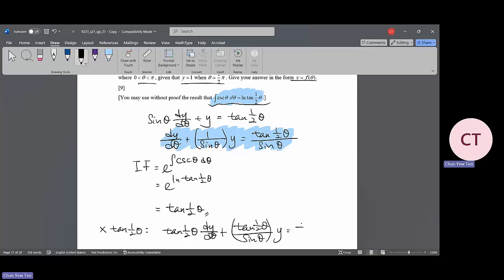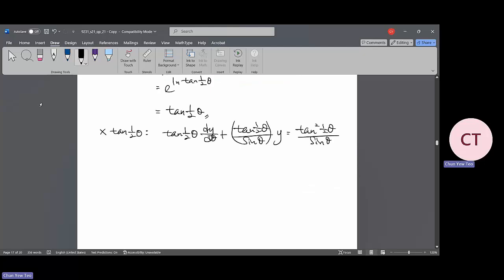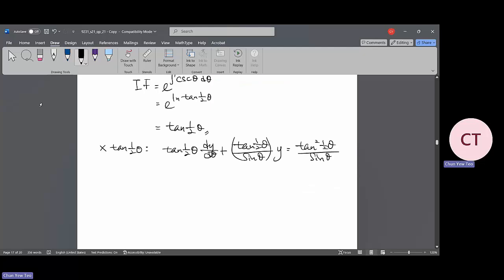And you get tangent square. Okay, so this is what we have. Then we know that the left-hand side, after you multiply by the integrating factor, can be written as the implicit differentiation of tangent half theta multiplied by y.